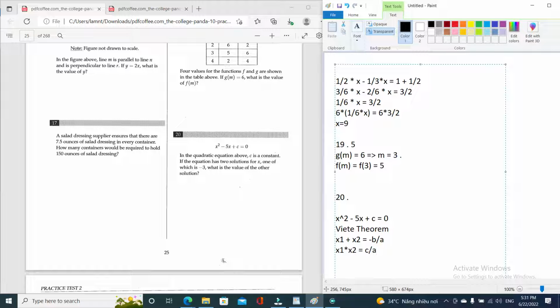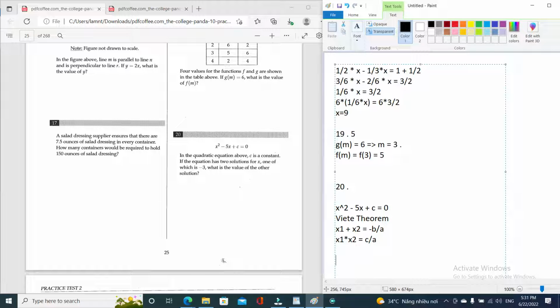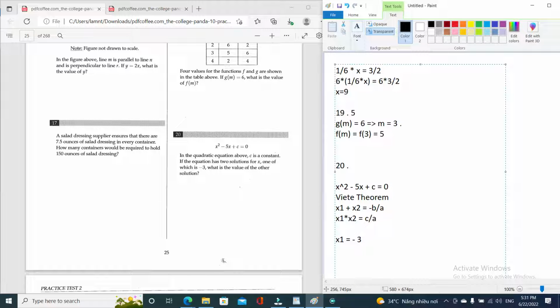Okay, so in this case they let x1 equal to minus 3. So x2 would be equal to c over a, all divided by x1, right?